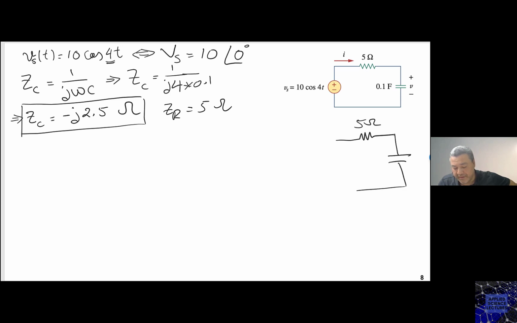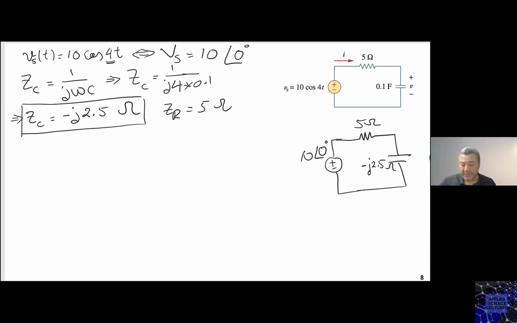The capacitor is minus j 2.5 ohms. Get used to circuits with the impedances, and this one is 10 at 0 degrees.